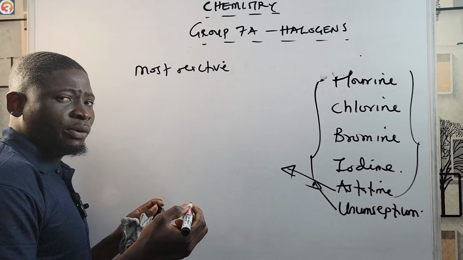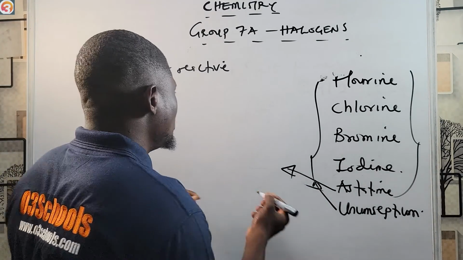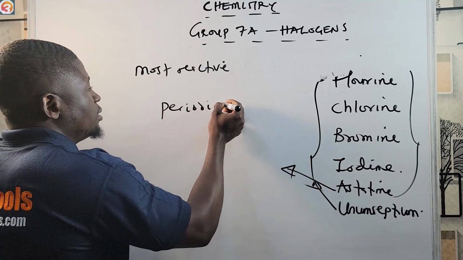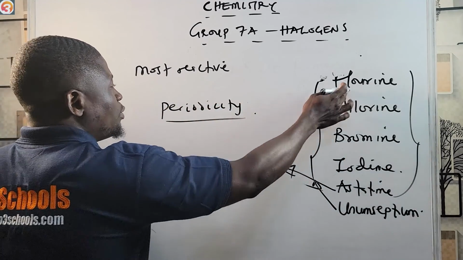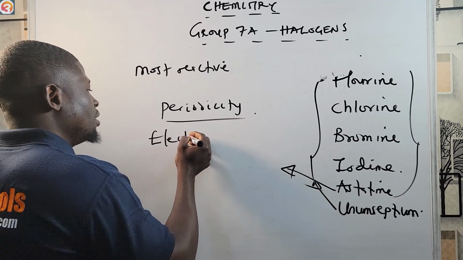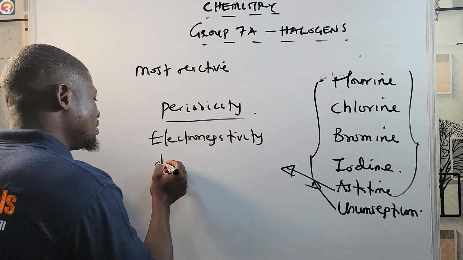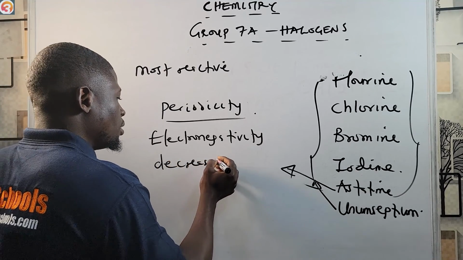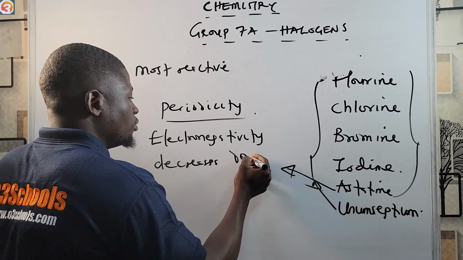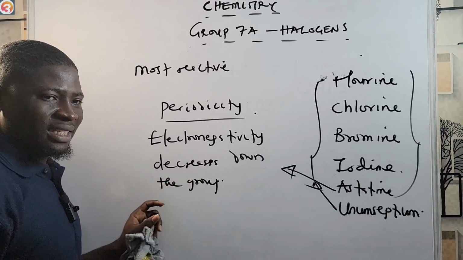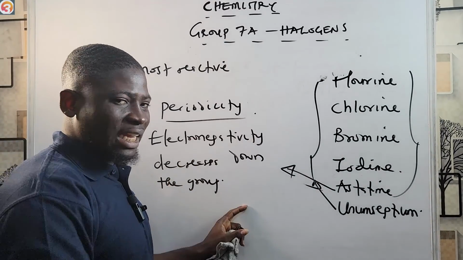Earlier, when we were talking about periodicity of elements, we said that electronegativity decreases down the group.